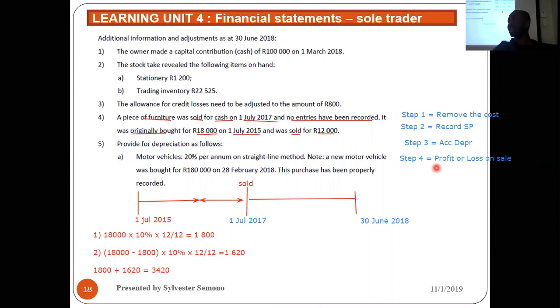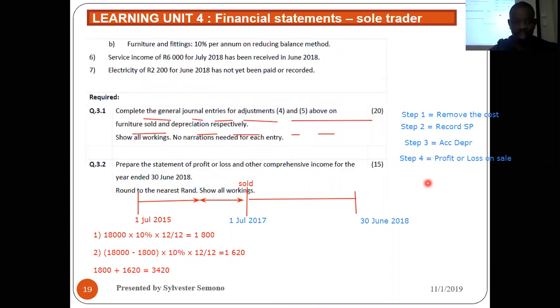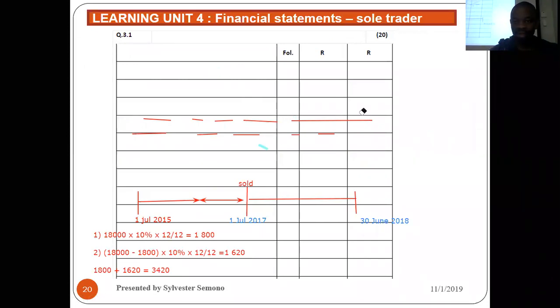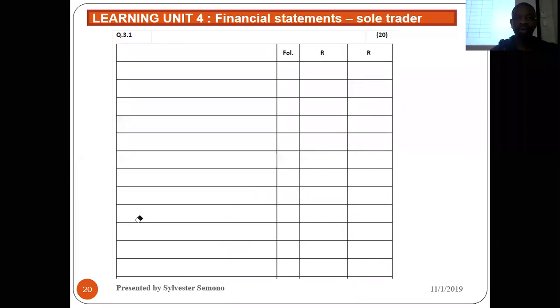So I'm going to go and record now in the GJ, number 4. Let me remove this so that it can look better. Okay, let me know if you are ready so that we can start.